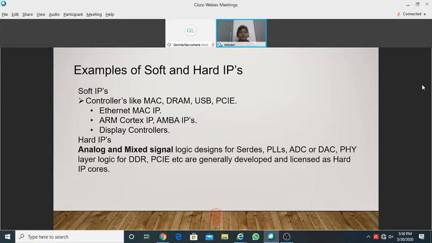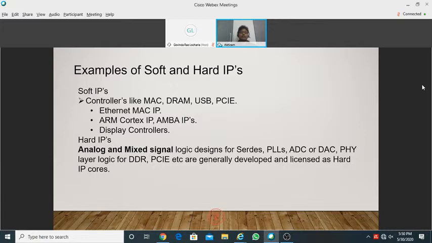If you take any analog and mixed signal designs, like SERDES, PLLs for frequency generation, ADC, analog to digital converter, or a digital to analog converter, all these have analog content. So they are more tightly related to the process node with which you are going to fabricate your SOC.